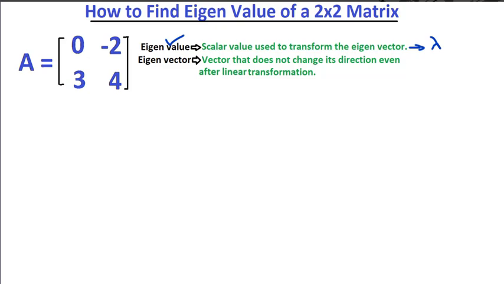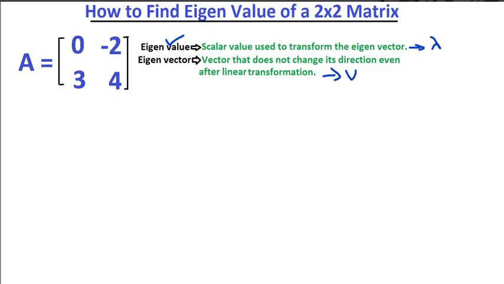So we must know the value of the eigenvalue to understand how much the eigenvector is scaled. This vector is represented by v. So this was all about eigenvalue and eigenvector.